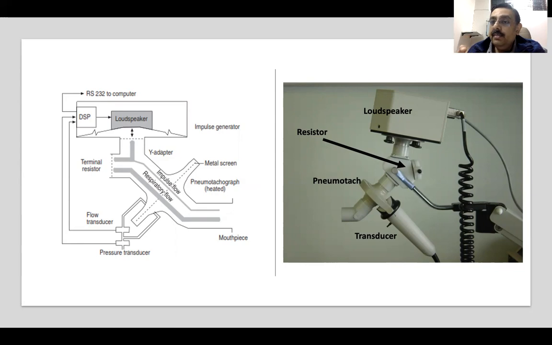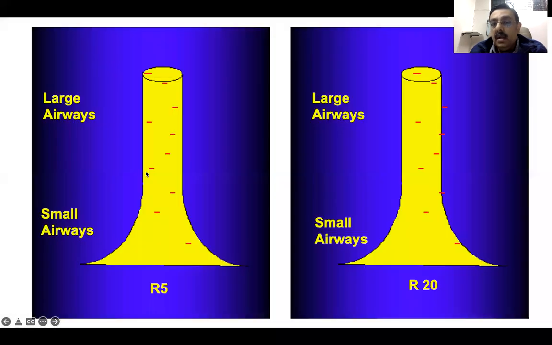So it is a superimposed breathing with the noise of the various frequencies, which this pneumotac needs to catch. And that signal is taken by the transducer to the computer, and then you get your values, right? And this is again the graphical or a cartoon representation of what I have been talking about. Again, the same thing.